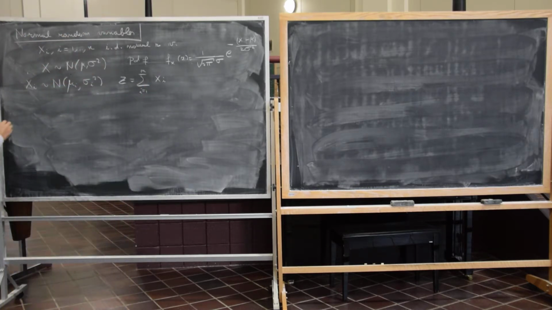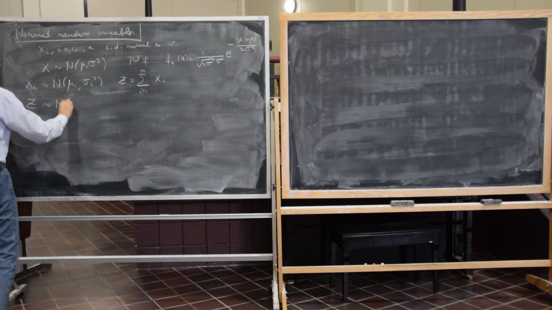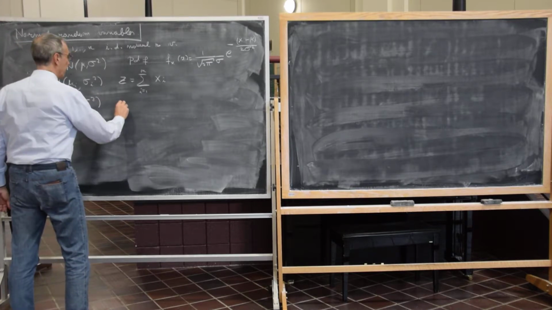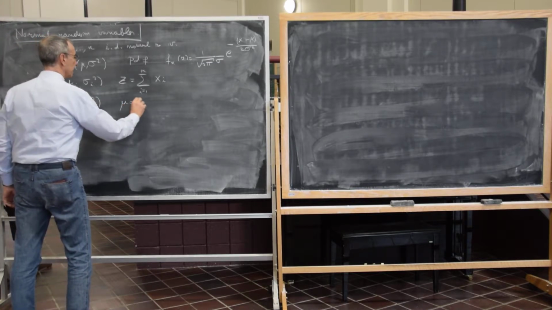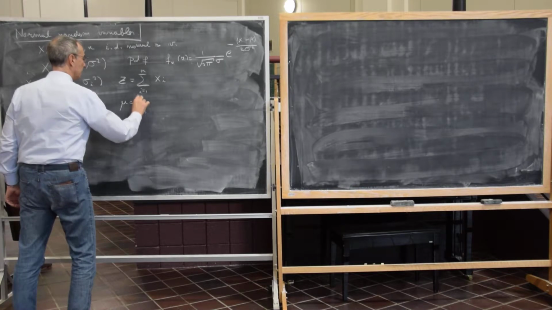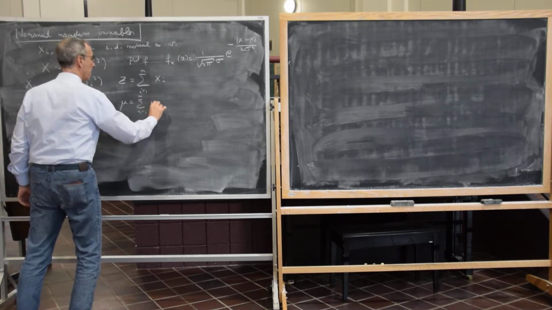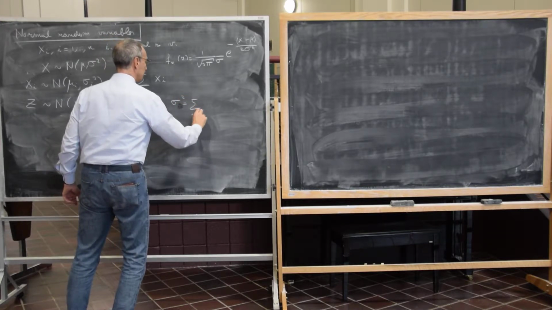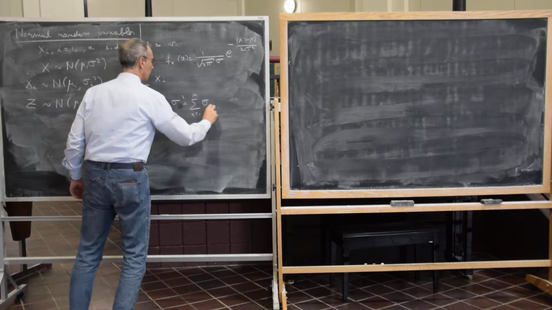The claim is that z is a normal distribution mu sigma square, with mu the sum of mu_i and sigma square the sum of sigma_i square.